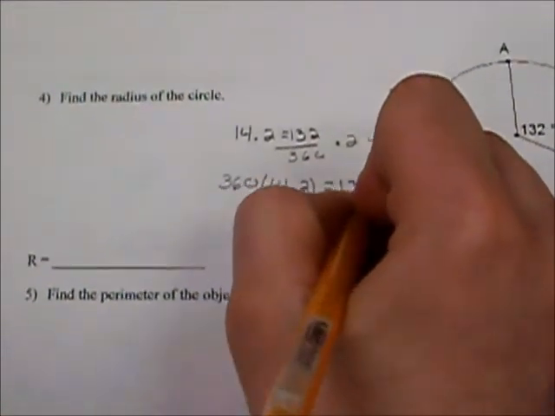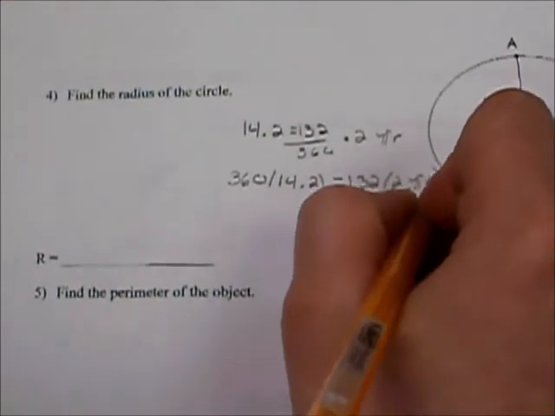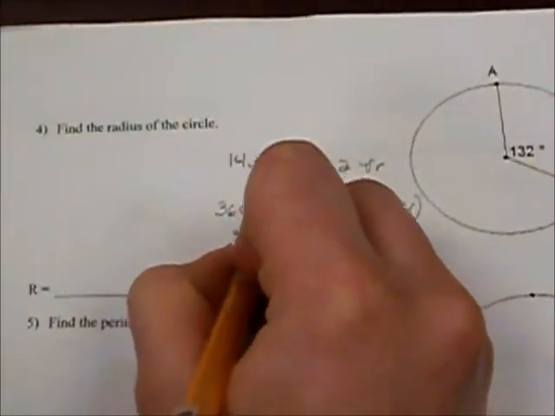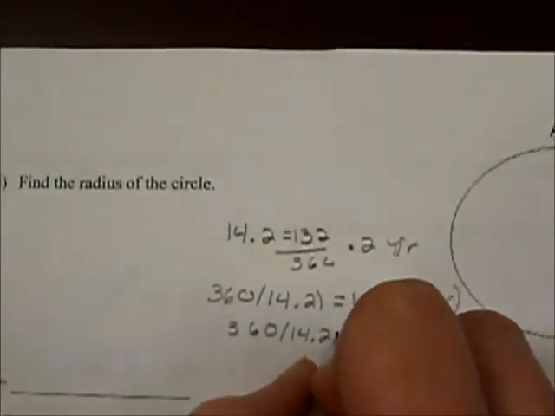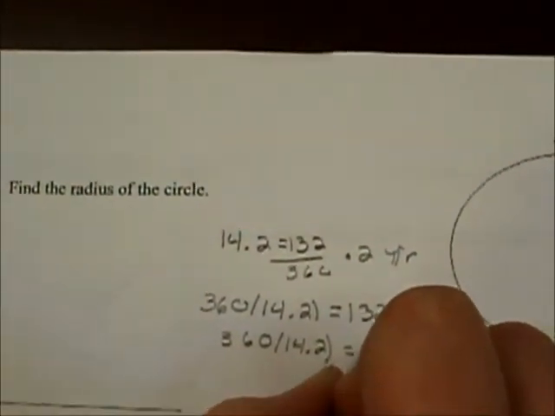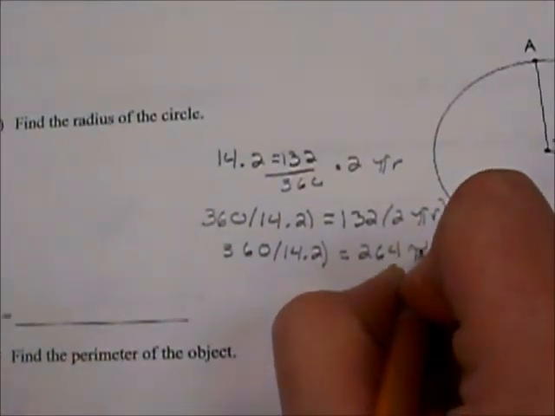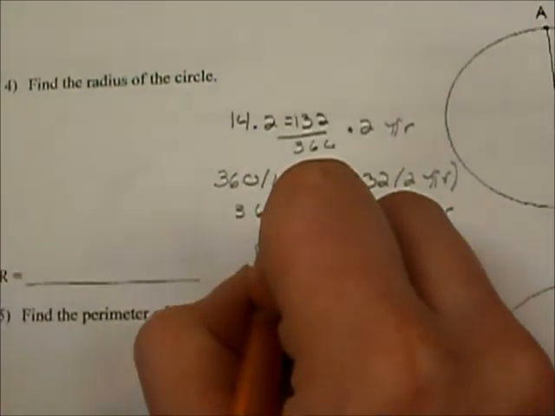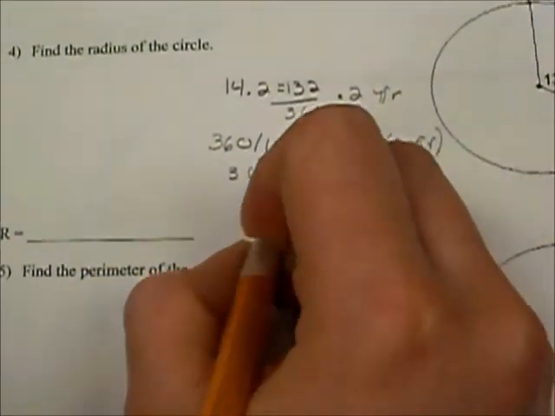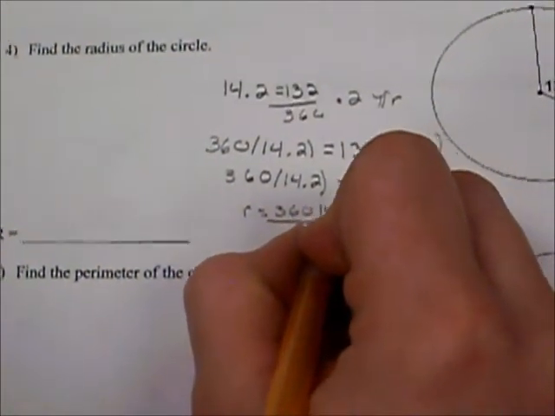And then 360 times 14.2 equals 264 pi r. Once you simplify, you have 360 times 14.2 divided by 264 pi, and that is going to equal your radius, which is 6.163.